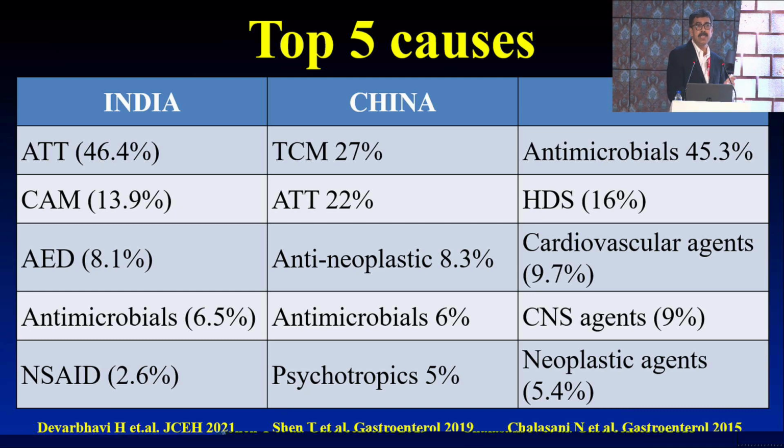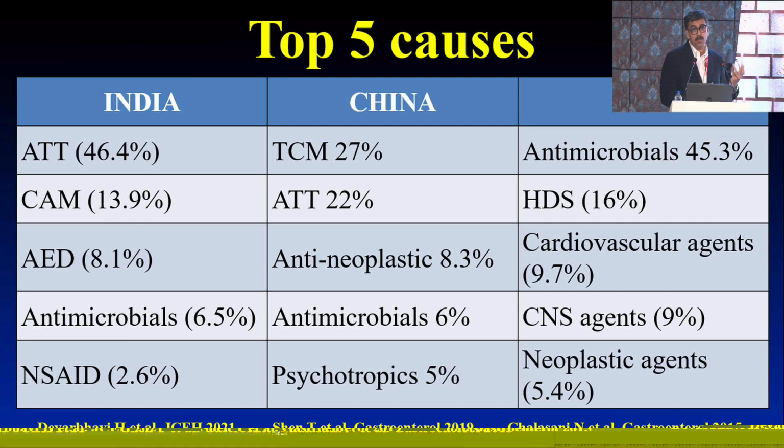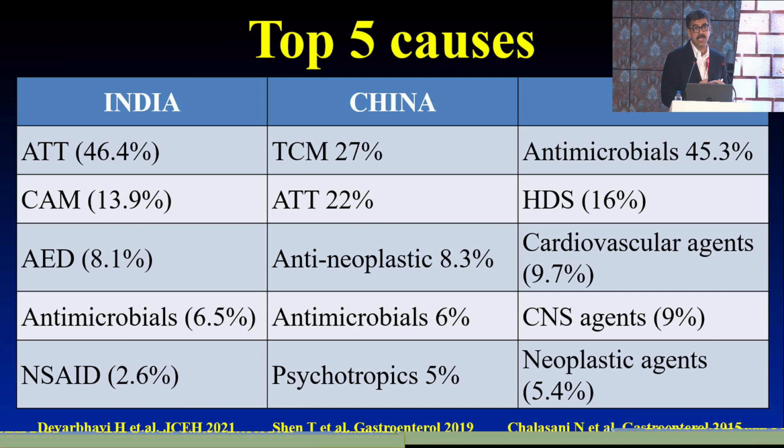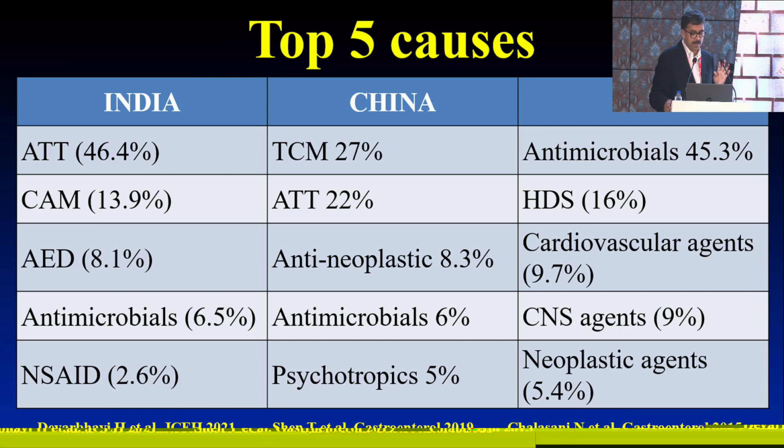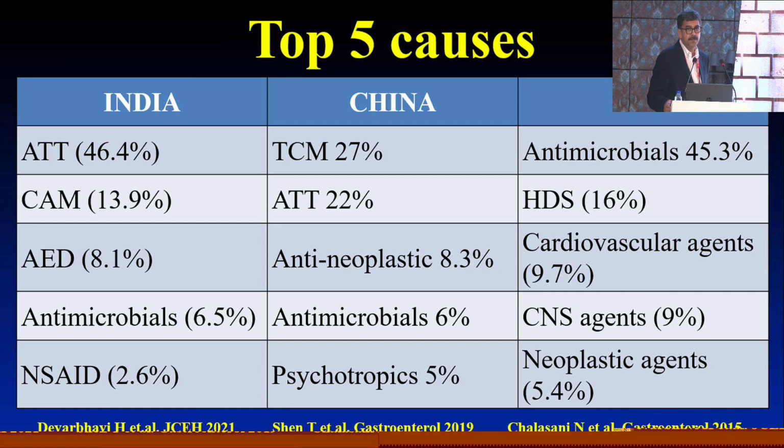That's because the anti-epileptic drugs that we use are the older generation anti-epileptic drugs, which are much more easily available, much cheaper, and have a much wider experience. So phenytoin, sodium valproate, carbamazepine, as well as phenobarbital. Antimicrobials which are non-antituberculous are much less, and non-steroidal anti-inflammatory drugs constitute only 2.8% of patients.